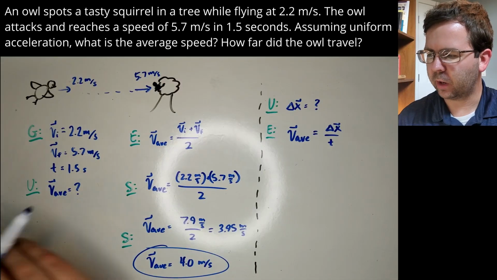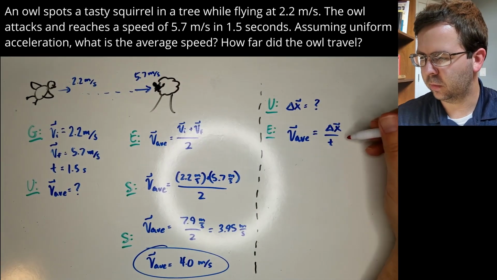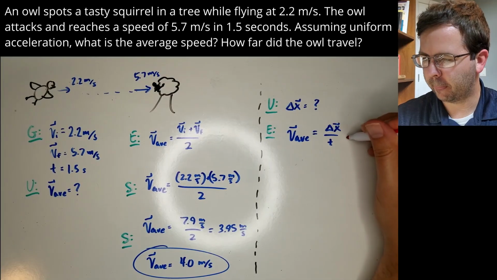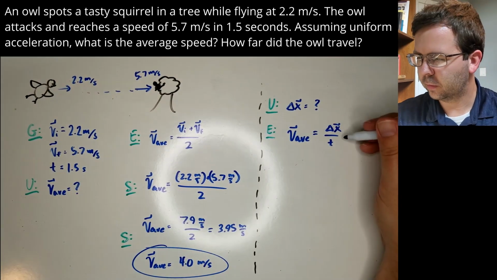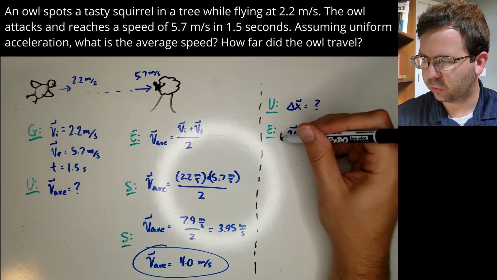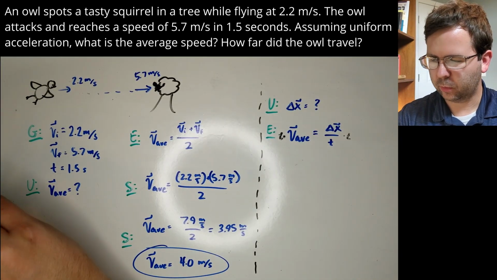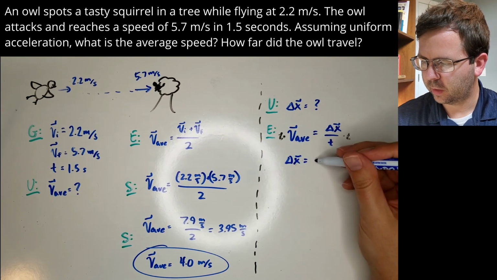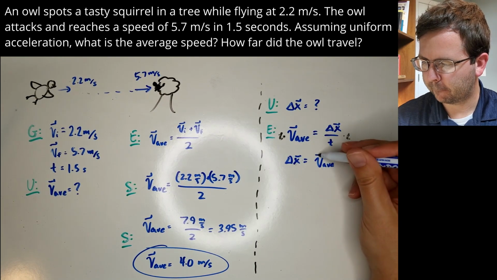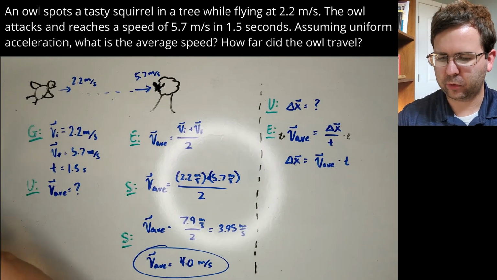Okay, but we're going to rearrange this equation to solve for the distance traveled. So I'm going to multiply both sides by time here. And so our displacement is the average velocity multiplied by the time. This is our equation that we can substitute into now.